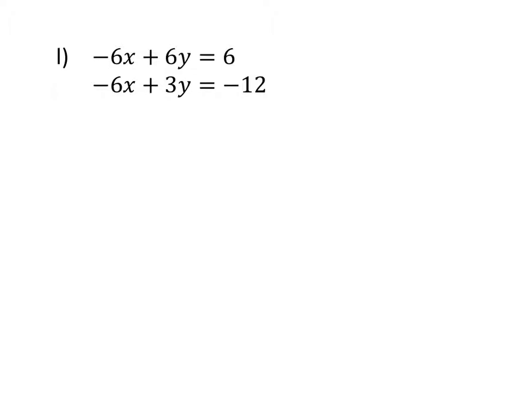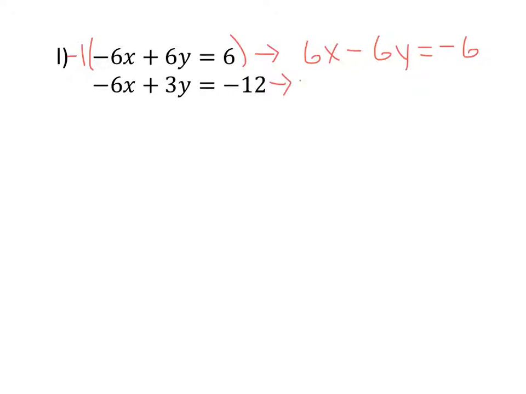This time I'll choose the top just to be different. It doesn't matter. So when I multiply everything by -1, it just changes the sign on everything. So -1 times -6x is positive 6x. -1 times positive 6y is -6y equals -1 times 6 is -6.